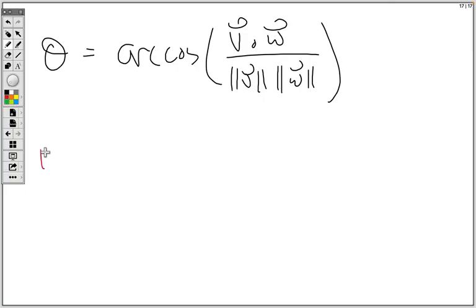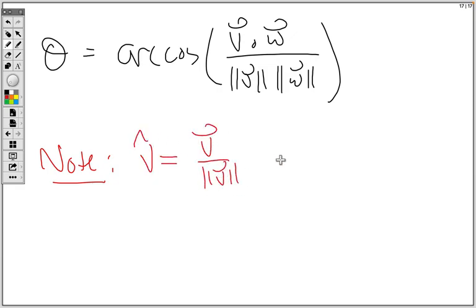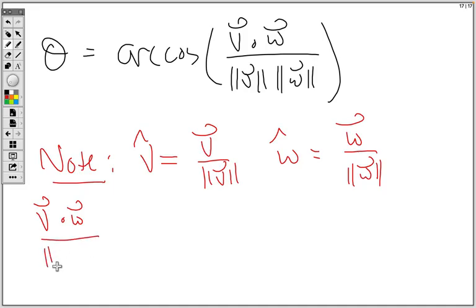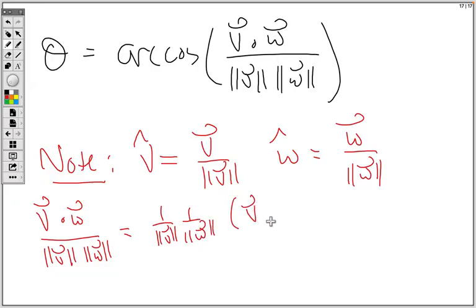I do want to make a note about this, and we'll talk more about it in just a bit. If you remember back to the last section, we defined v hat to be v over the length of v, and w hat to be w divided by the length of w. I can use properties of the dot product here. If I write out what this means, I've got 1 over the length of v, 1 over the length of w, times the dot product v dot w.